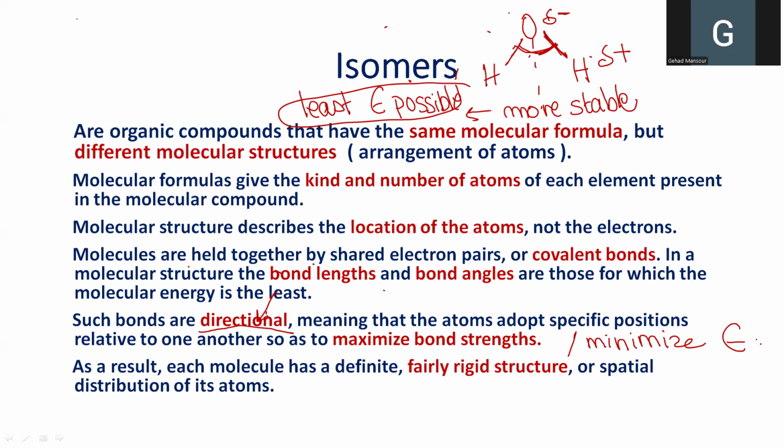Covalent bonds are bonds made by sharing of electron pairs, and as we said before, they are fairly rigid bonds.